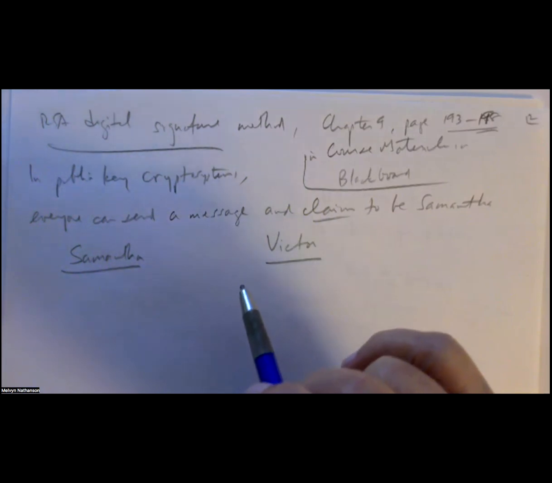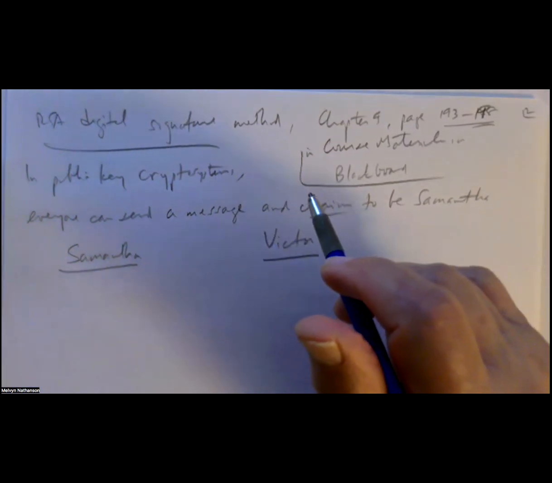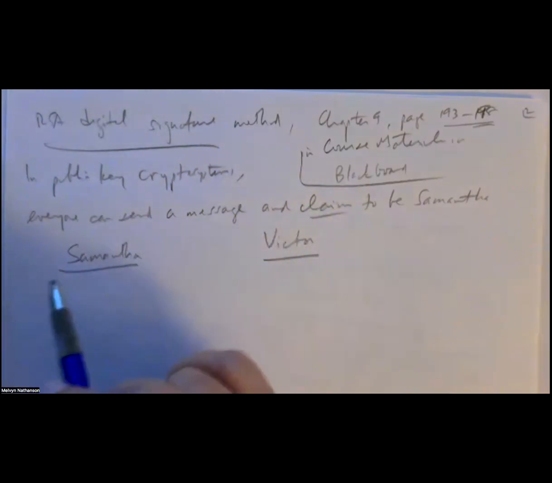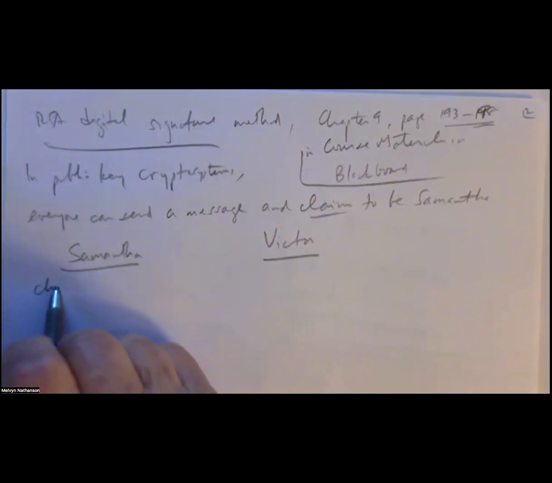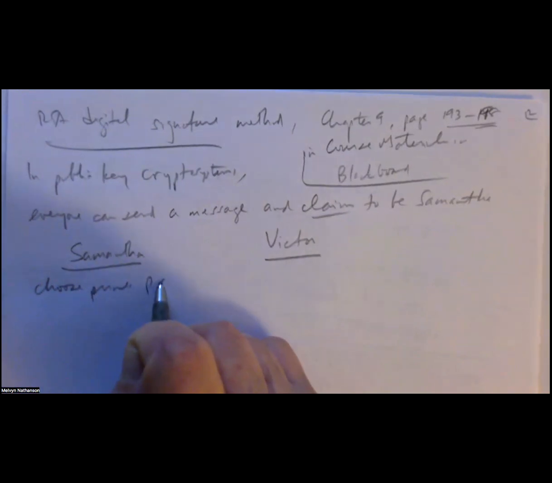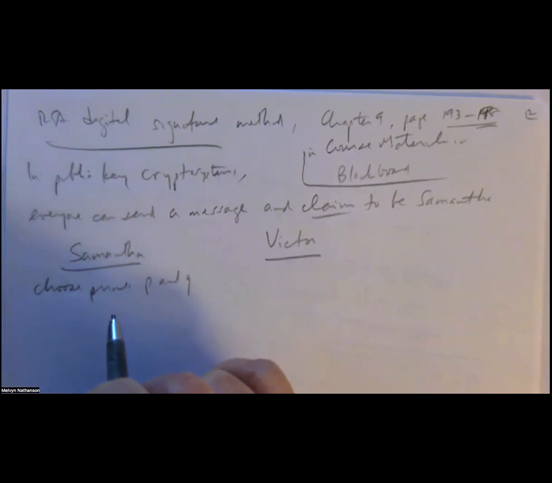So just as in the RSA crypto system, in the RSA digital signature system, Samantha chooses two primes, P and Q.